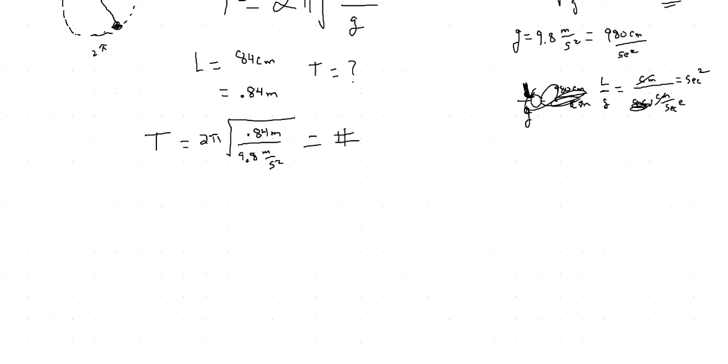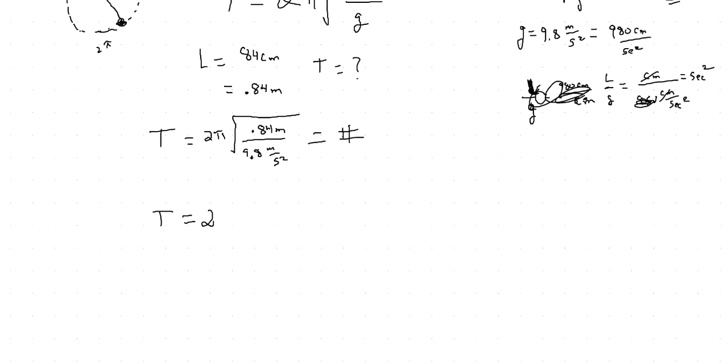Now, if we want to do G and the length in centimeters, then the period T is equal to 2 pi times the square root of 84 centimeters divided by G in centimeters, which is 980 centimeters per second squared.